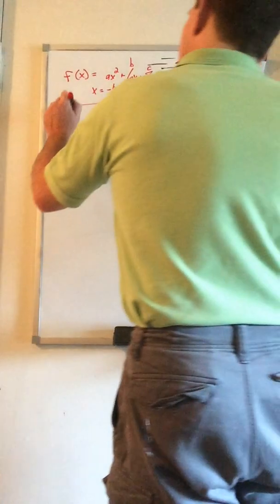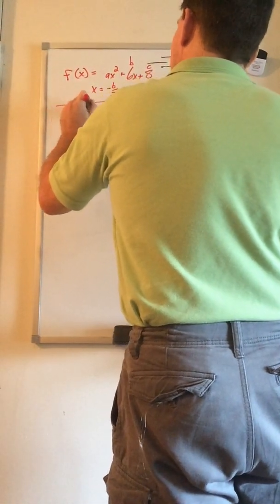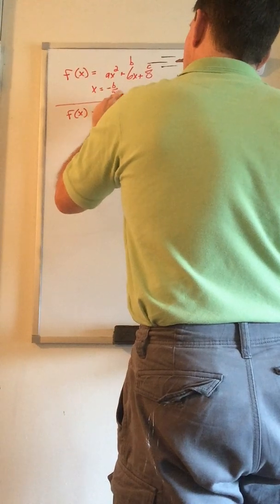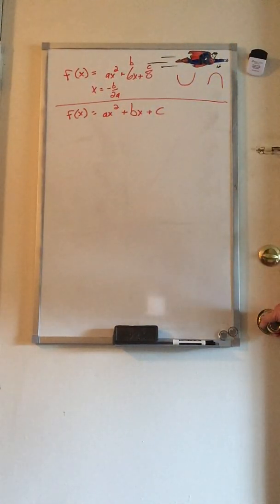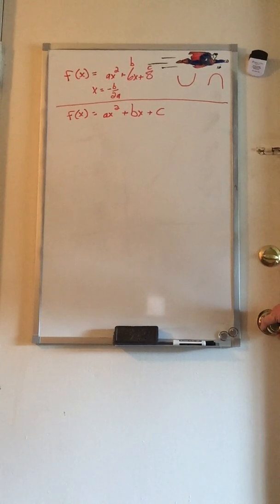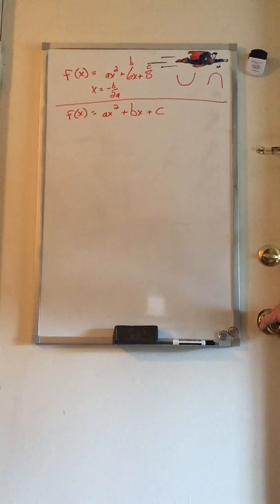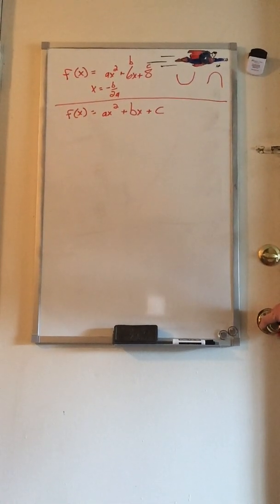So now, suppose we have a regular quadratic, standard form, no numbers, just letters. And now we say, find the maximum of that arbitrary quadratic. So find the vertex. Well, I understand from the first derivative test that if I want to find a maximum, I just need to take the derivative and set the derivative equal to 0.